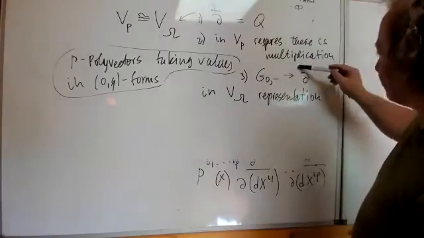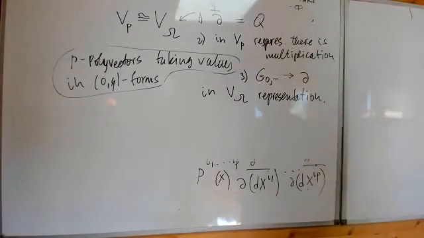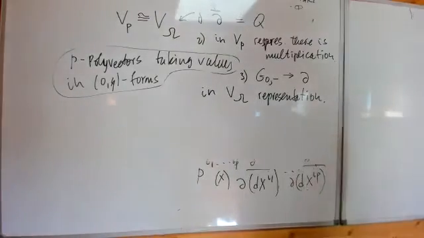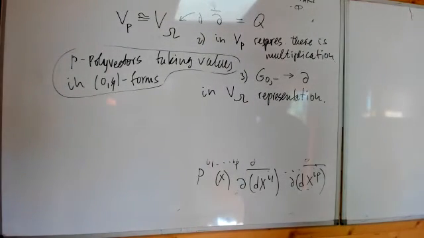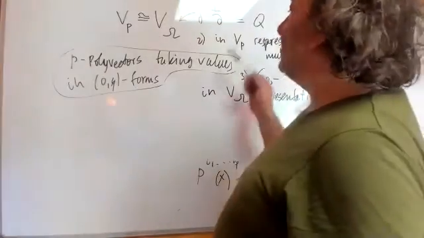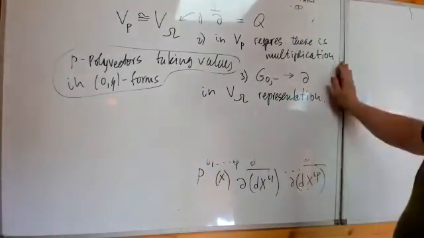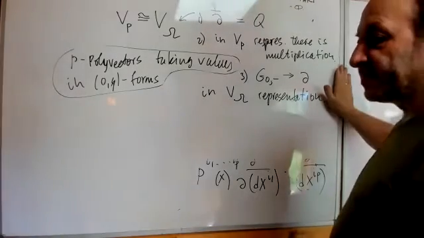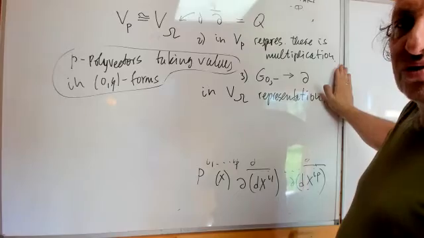Now we need to take this Dolbeault and put it into VP representation. So actually the relation between VP and VQ representation is given by the so-called odd Fourier transform.